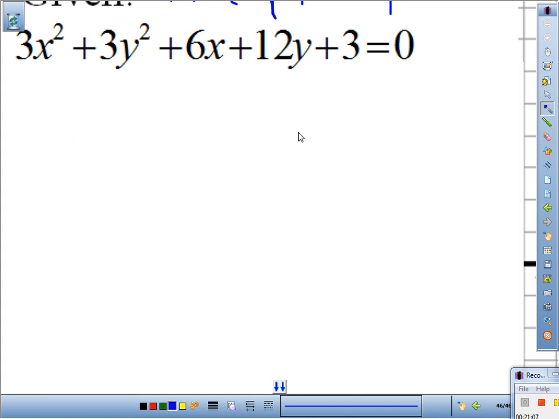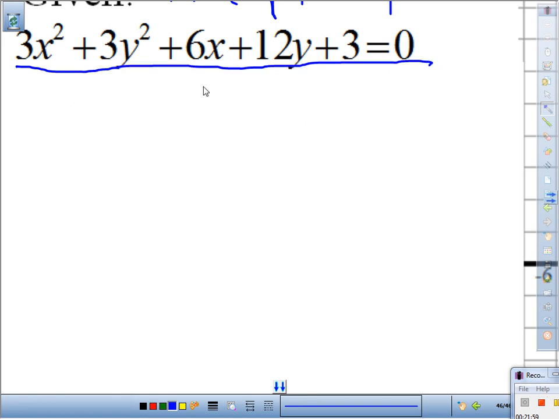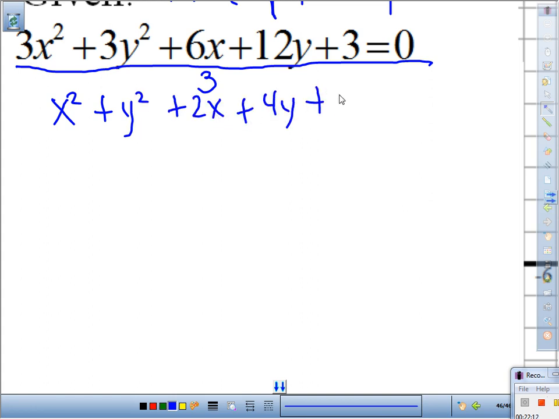Step 2, divide by the leading coefficient. What's my leading coefficient? 3. So I'm going to divide the whole thing. We're left with x squared plus y squared plus 2x plus 4y plus 1 equals 0.